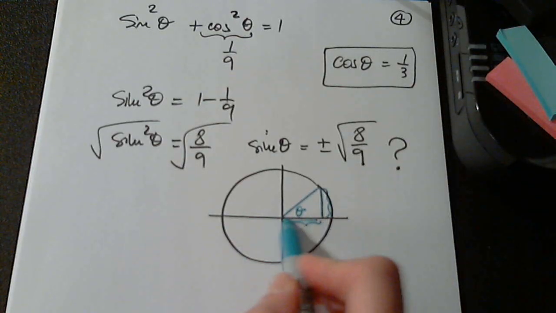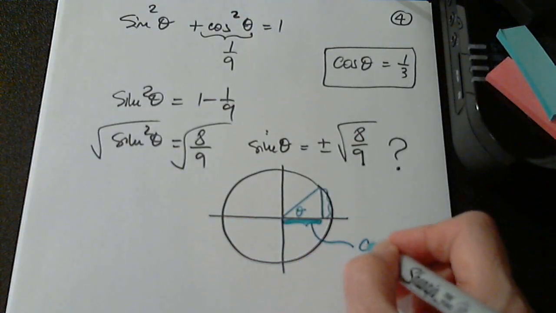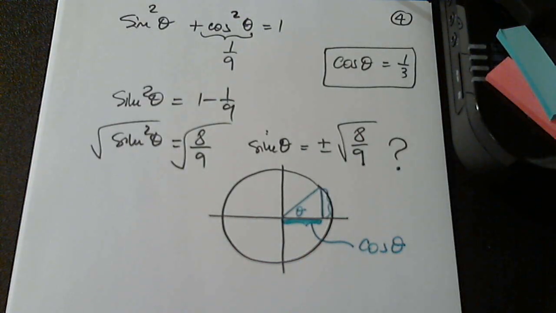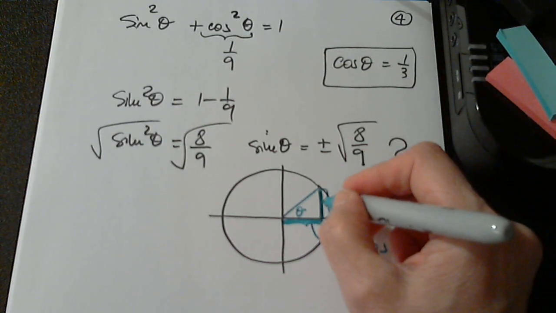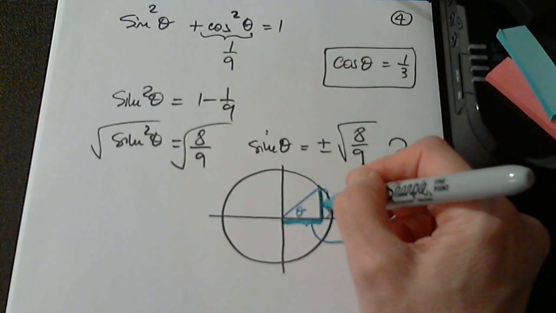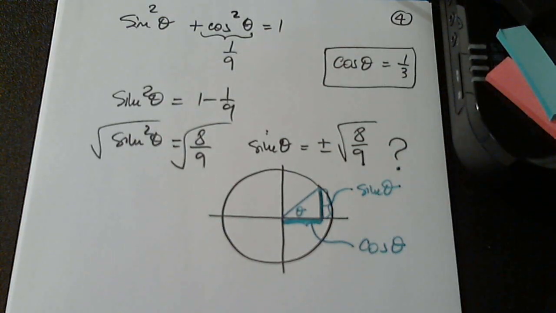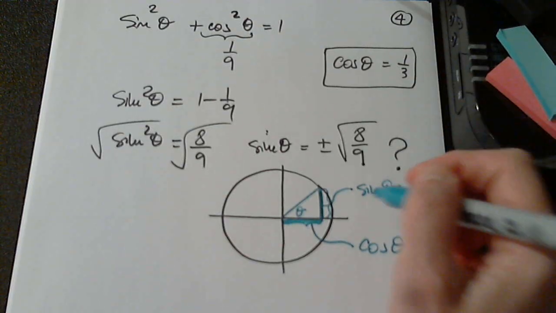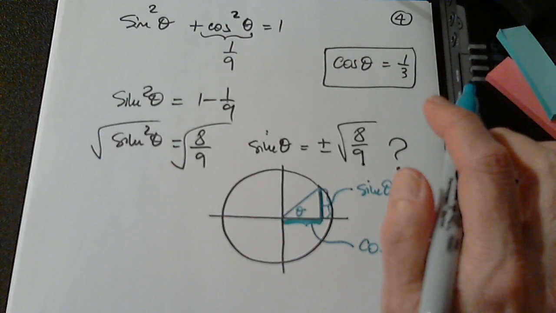We know that this piece is x, but also cosine theta from last class. We know that this is, I'm sorry, this is y, but also sine theta. And I'll say this many times because this is so important.